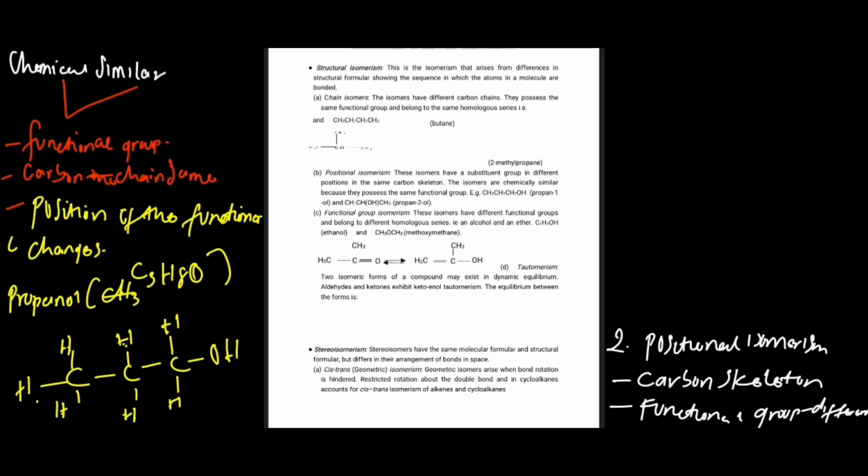Now, to explain the positional isomer, at position 1 the OH is the functional group. In positional isomers, they have the same molecular formula and the same carbon skeleton, but the position of the functional group changes.